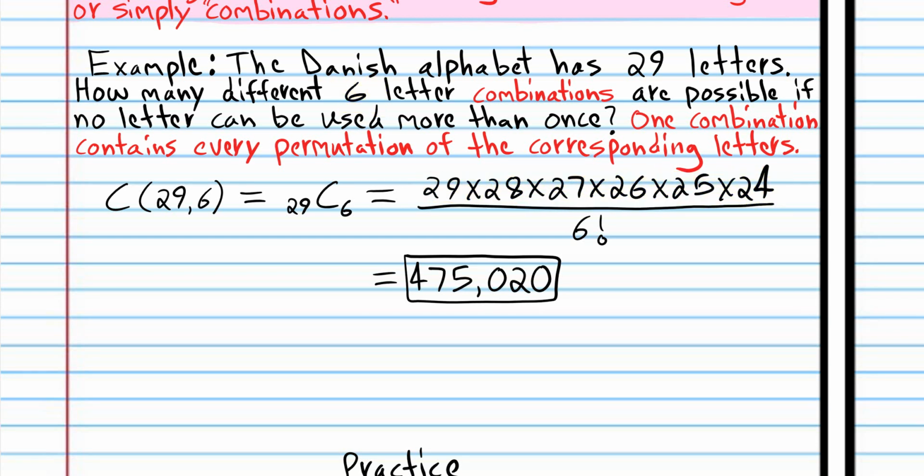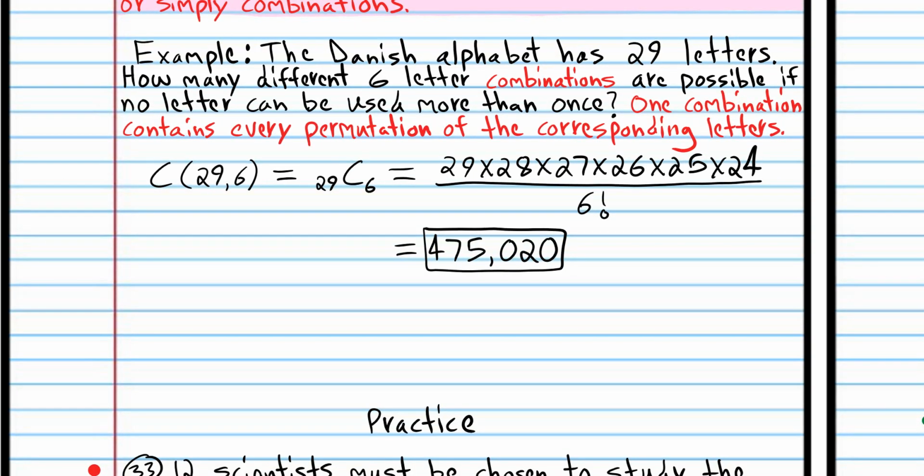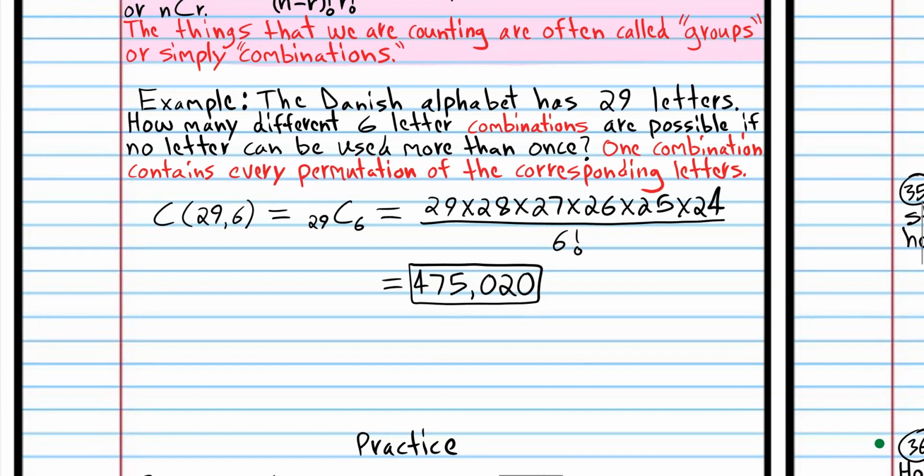But we don't care about the permutations of the letters. We're just counting groupings, combinations, not permutations. So we divide by the number of ways that you can permute any group of letters, and you get this number here. The good news is you don't have to do this. Your calculator has a button for that also.